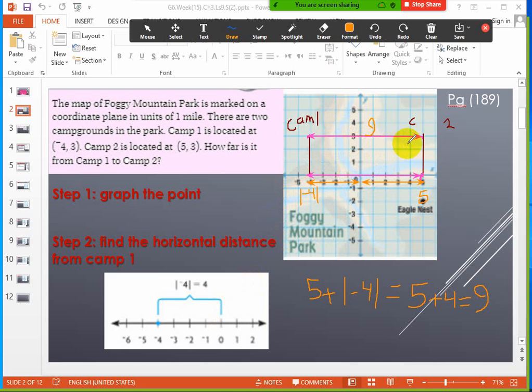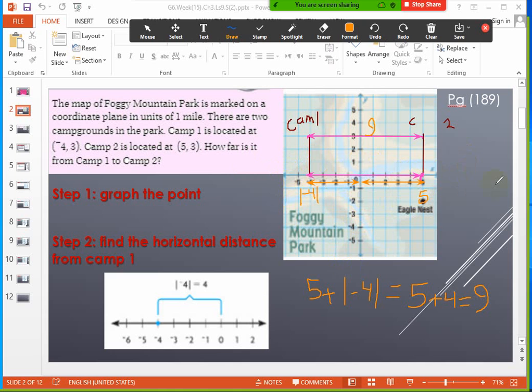I will repeat again. Girls, I have 2 points, this point and this point. I want to find the horizontal distance between those 2 points. Okay? The horizontal distance, I will know it from the x-coordinate. Why? Because the x-coordinate is the horizontal coordinate with me, the horizontal axis. So I will know it from the horizontal axis.